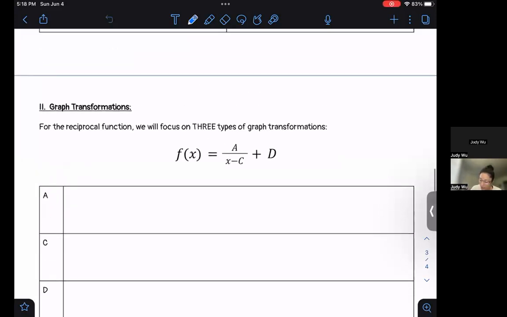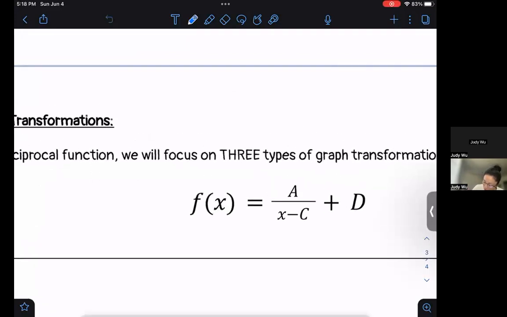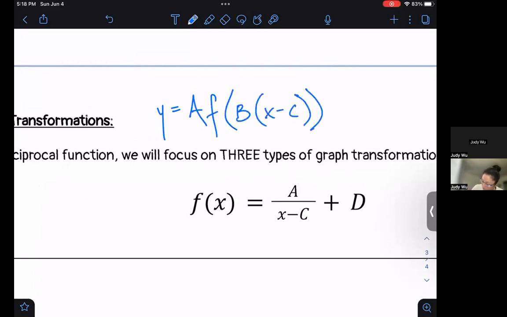I had given a reminder about the general graph transformation form, which looks something like this.